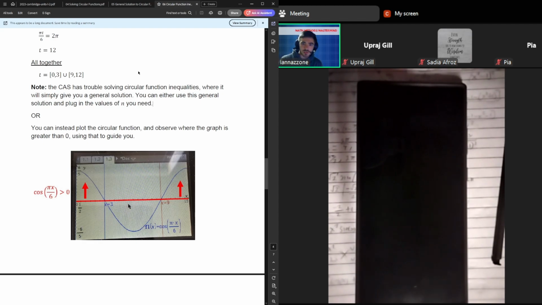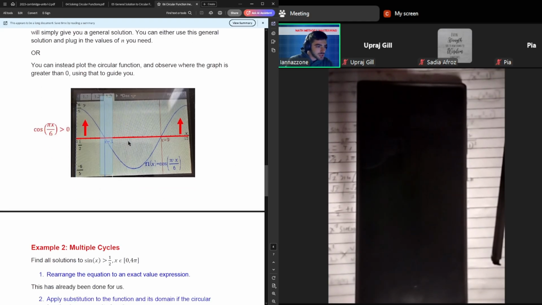So you restrict your window size for whatever that circular function is, and then you just imagine or draw on the CAS the bound of which you want to be above or below. So in this case, we wanted to be above or equal to 0. And so you could solve for where effectively your x-intercepts are, and you can visually just see we're going from 0 to 3 and 9 to 12. That's if you get a tech active version.